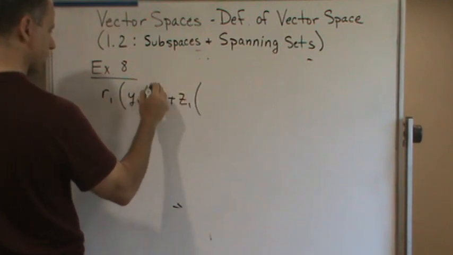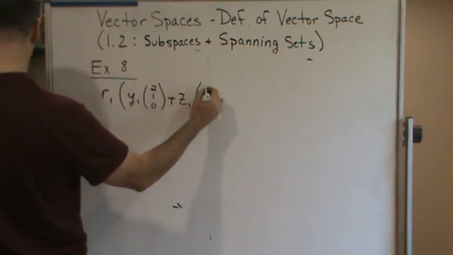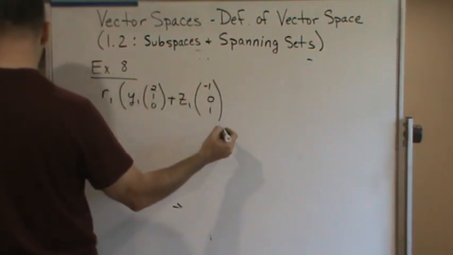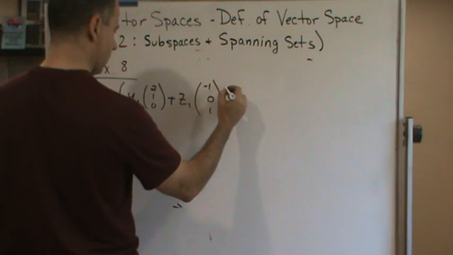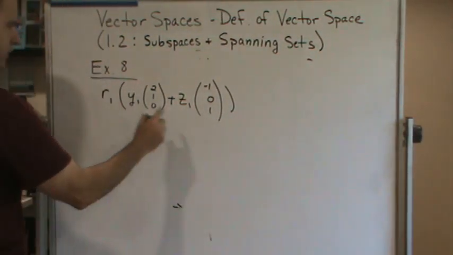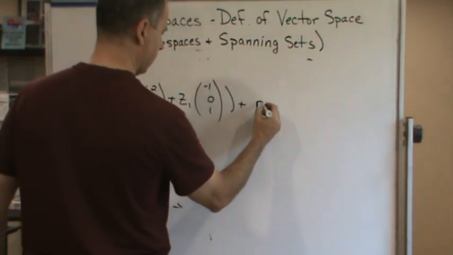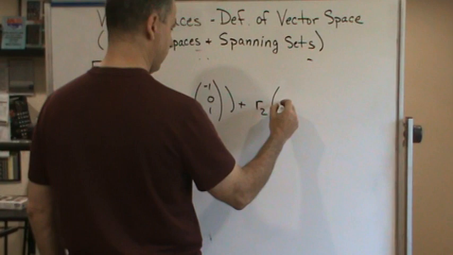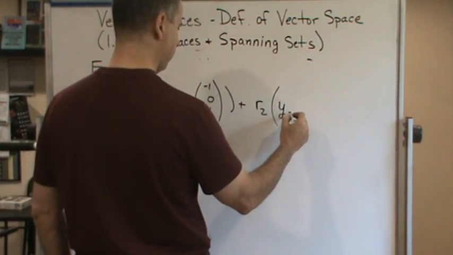That's a 2, not a Z. Okay, so here's S1, R1 S1 plus R2, and then here's our S2.